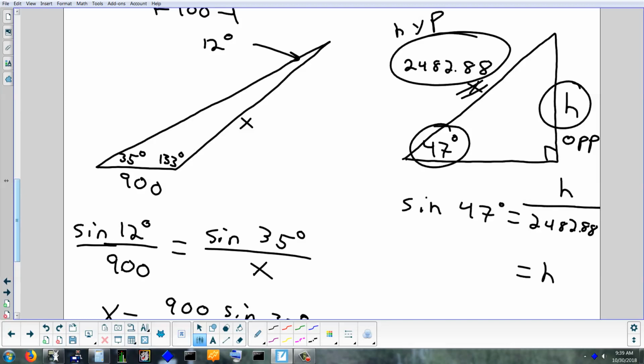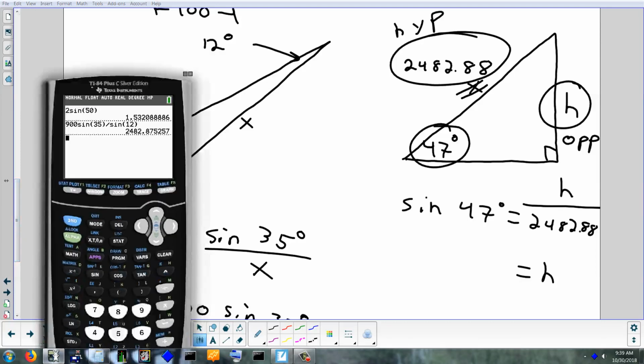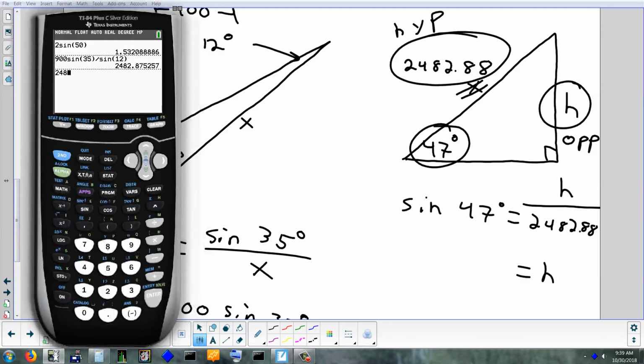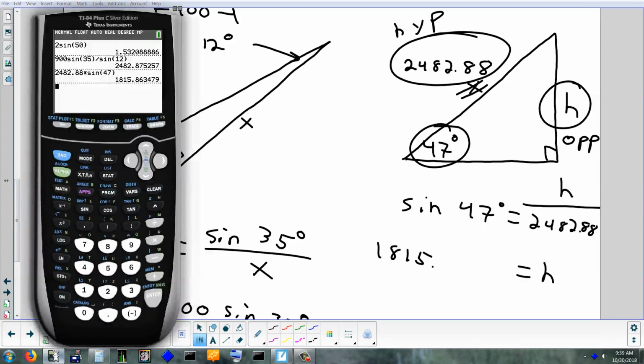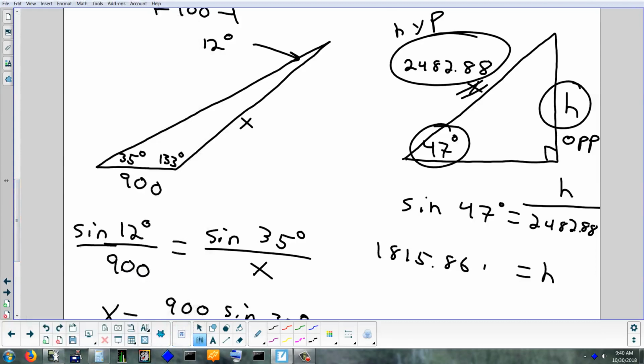And what would be my last step? To get h by itself and get the 2,482.88 on the left side. Multiply that whole side. So the height of the mountain is 2,482.88 times sine of 47. So it's about 1,815.86 meters.